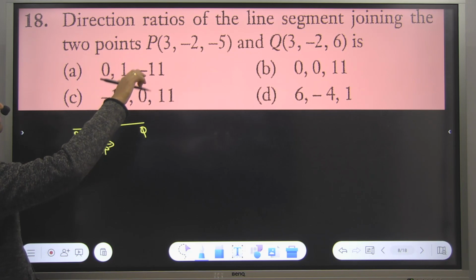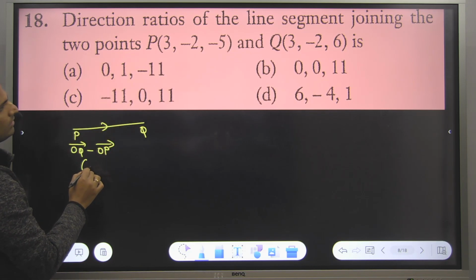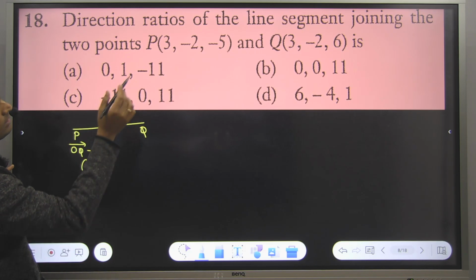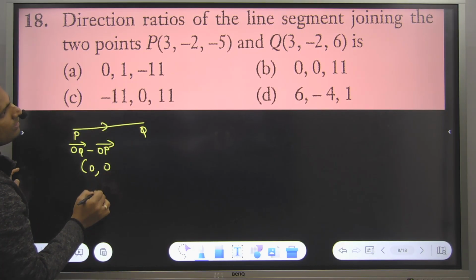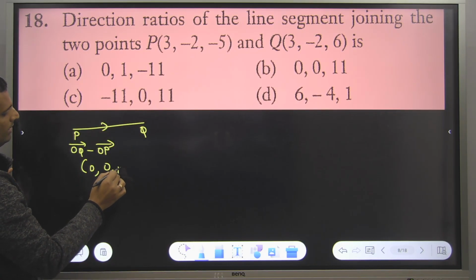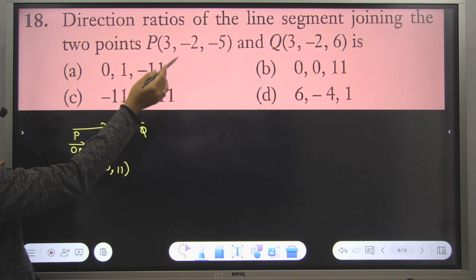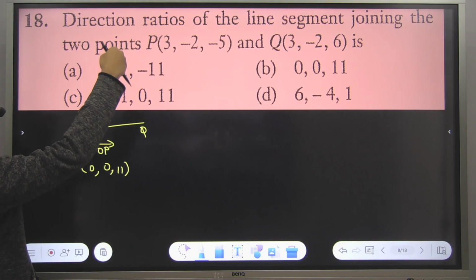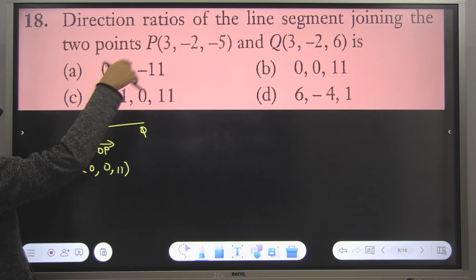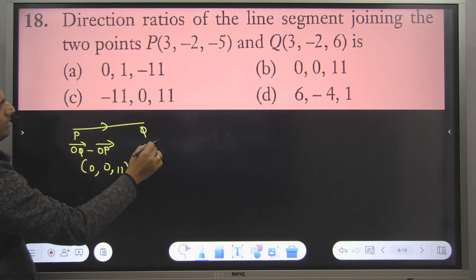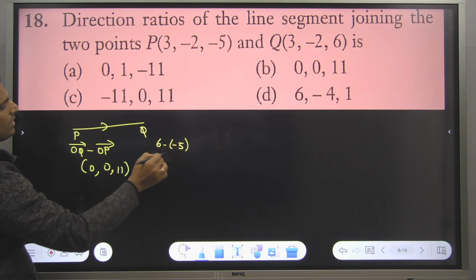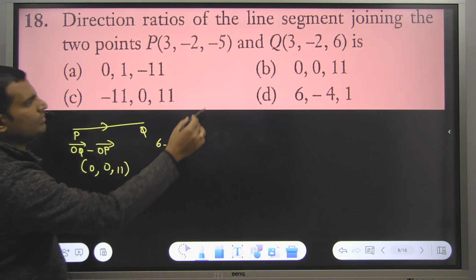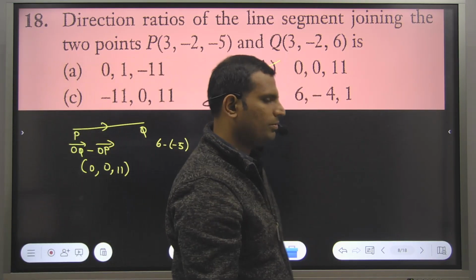So when you subtract, you get 3 minus 3 is 0, then 0, then 6 minus of minus 5, final minus initial, which gives 11. So which answer? Option B.